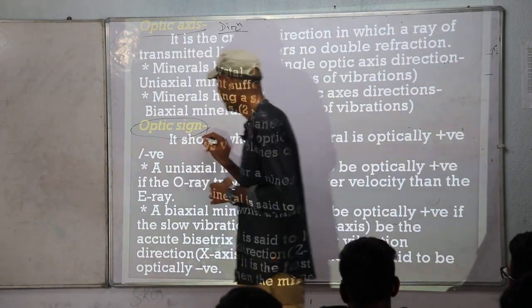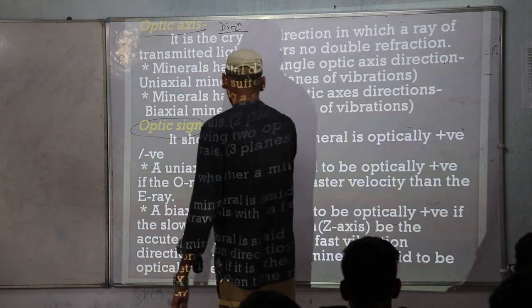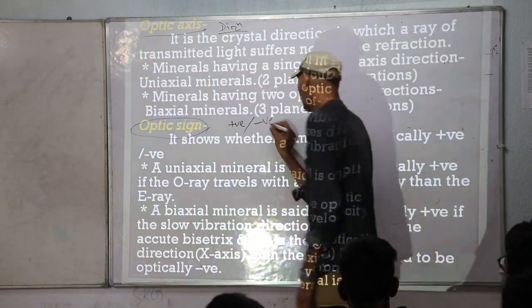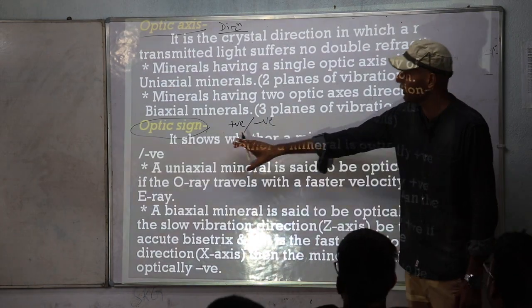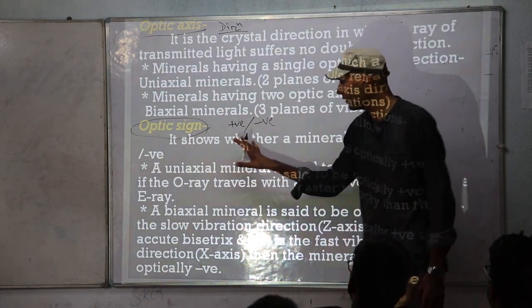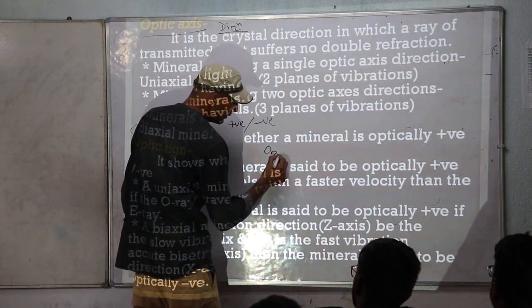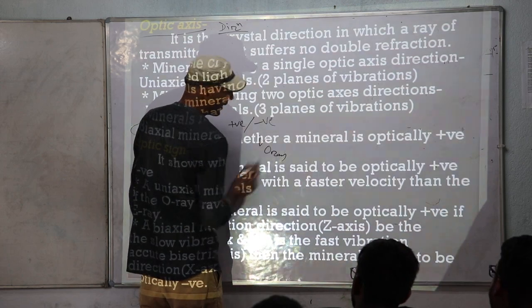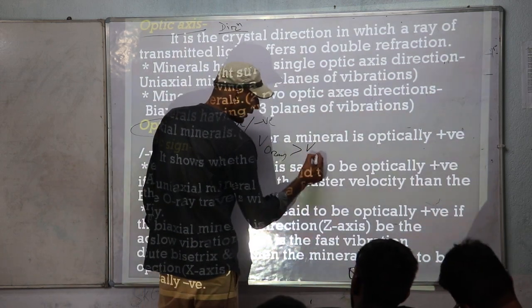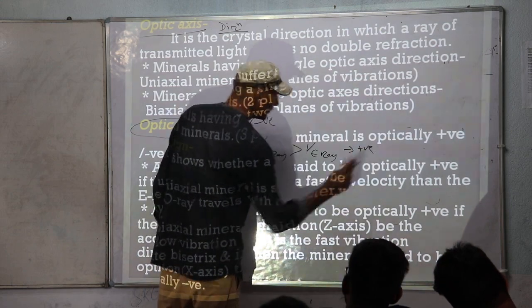Then what is optic sign? Optic sign defines whether the mineral is optically positive or negative. So talking about uniaxial minerals, if the ordinary ray is traveling at a faster rate than the extraordinary ray, then that is known as positive.